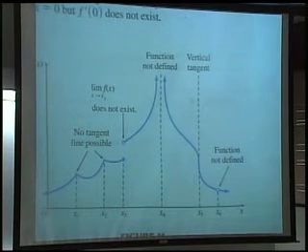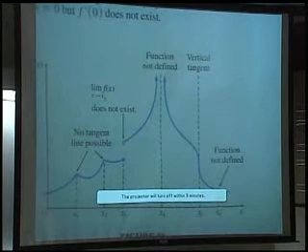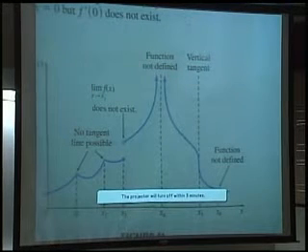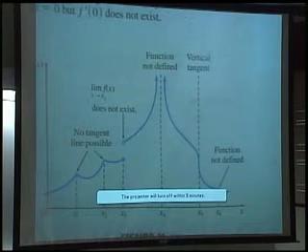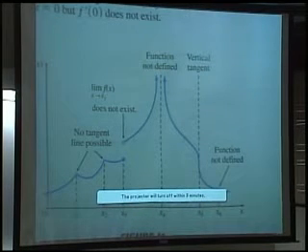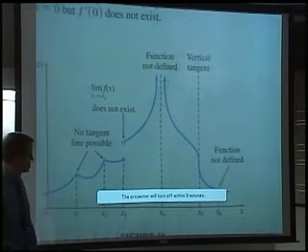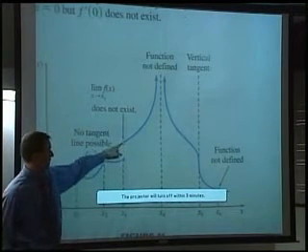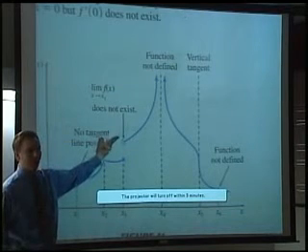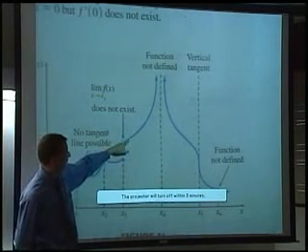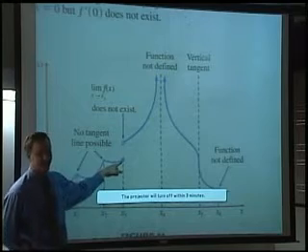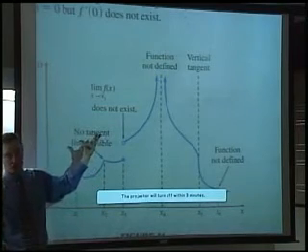Second place where we can end up with a derivative not existing: any places where the function is discontinuous. What I mean is any jumps in the graph, like we have right here. We will not have a slope, because up here we have a certain slope, down here we have a different slope, and they may not agree with each other.